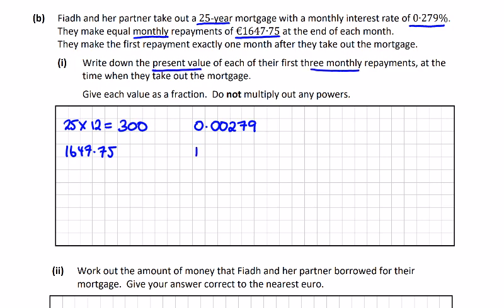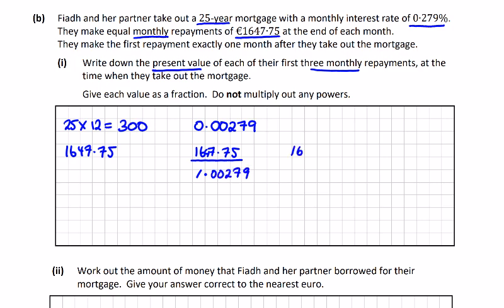My present value is the payment 1647.75. The present value in years' time will be worth less, so we're dividing by a number greater than 1. So it's 1 plus the interest rate, 1.00279.